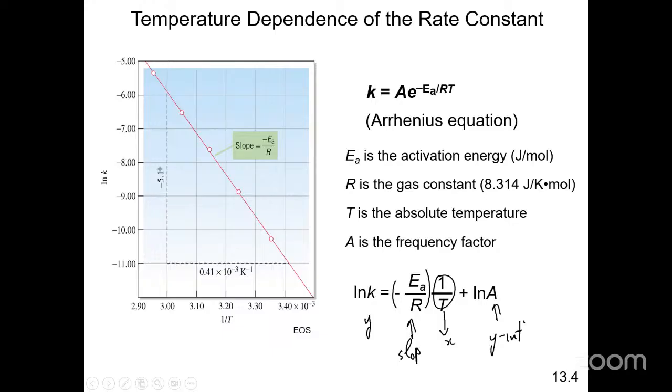So when you plot ln k versus 1/T, you can find the activation energy using the slope. That's the relationship between the rate constant and the temperature.